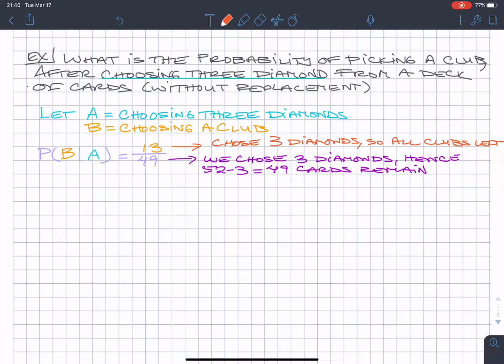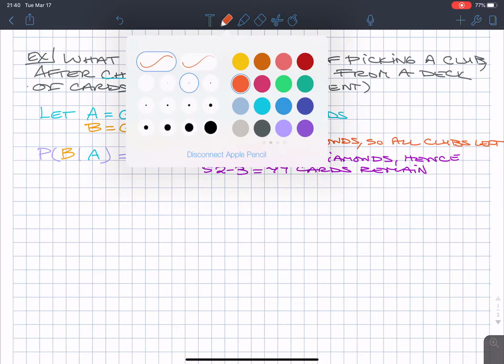So this is a conditional probability. And let's note something.